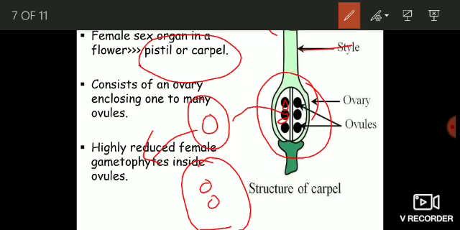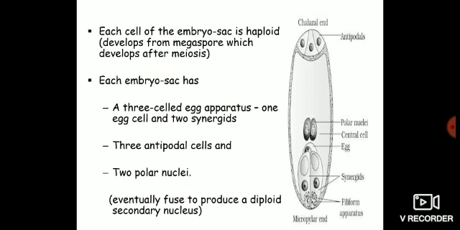Only one megaspore functions and the rest 3 degenerate, and this functional megaspore results in the formation of the highly reduced female gametophyte. That means the female gametophyte is lodged inside the ovule. One more important thing that you have to remember is that in angiosperms the female gametophyte is in the highest reduced state. Let's see the structure of the female gametophyte.